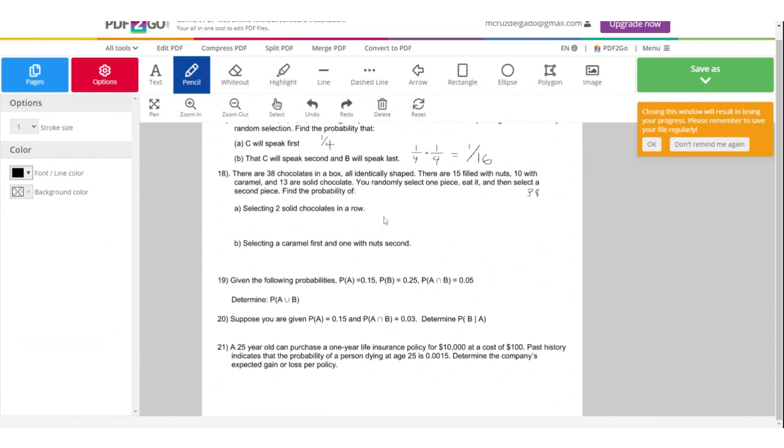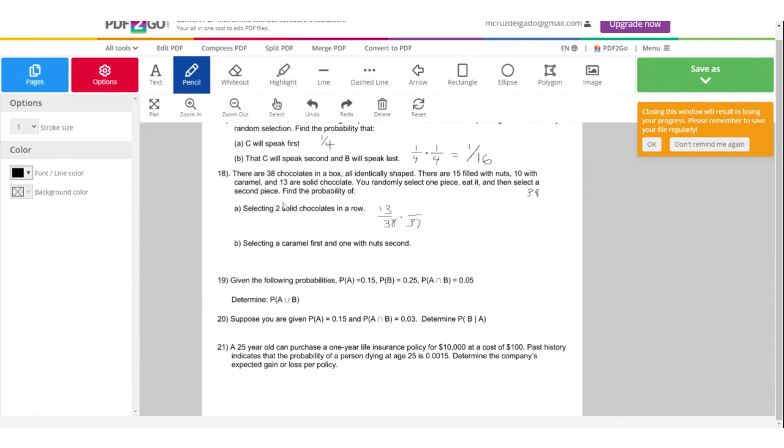All right. So 2 chocolates in a row. You're not putting them back in there. So this is why this is conditional, because the second one is affected. You take one out of those 13 and eat it, and there's only 37 left in total, and you want another chocolate.